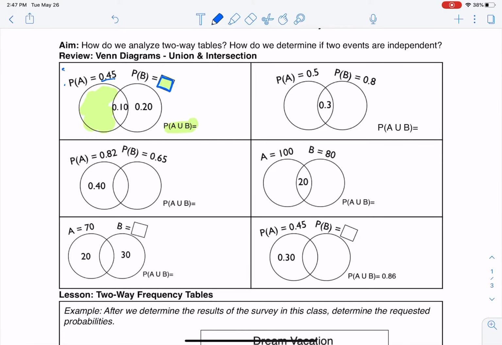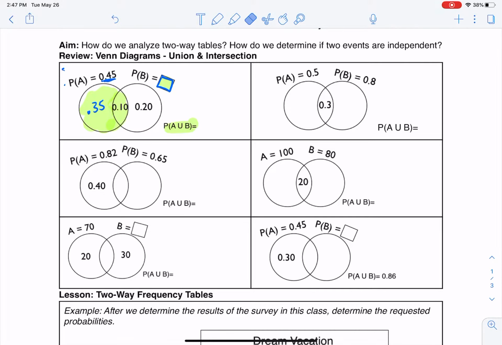So first of all, I know that the whole probability of that left circle, so including that 0.10 or 1/10, is 0.45. So that means that what's left here has to be 0.35.